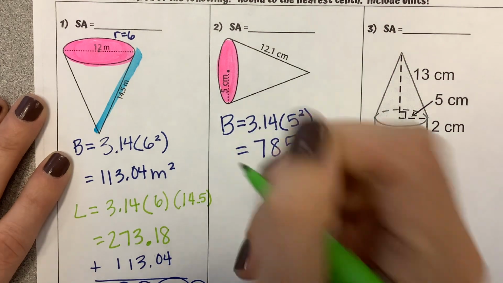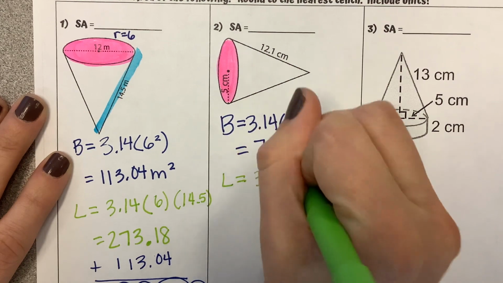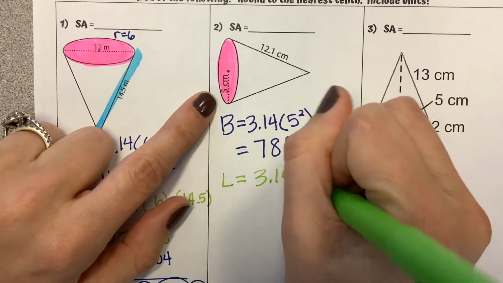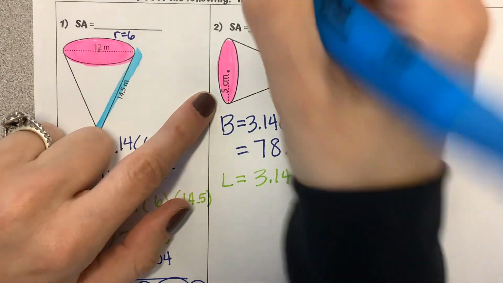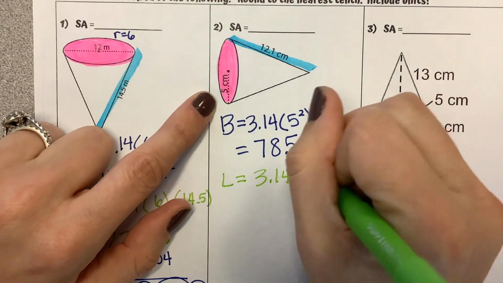Then for our lateral surface area, I'm doing pi, 3.14, times our radius of 5, times the slant height, which for this one is 12.1.